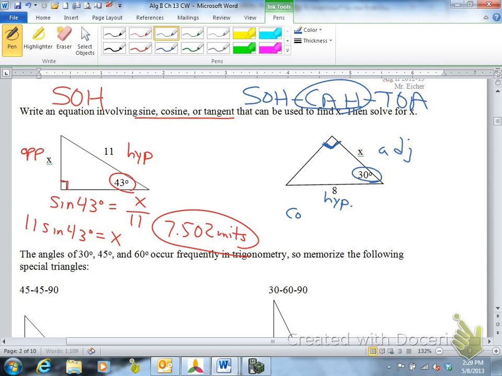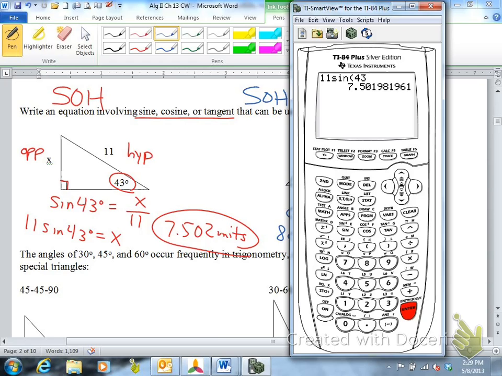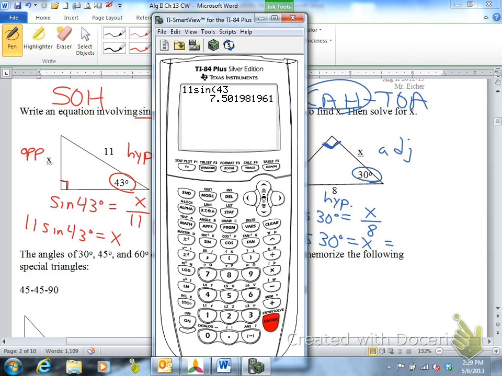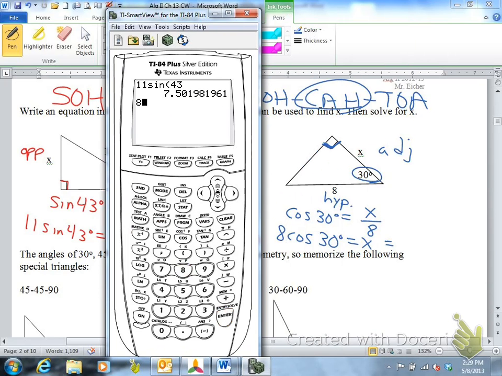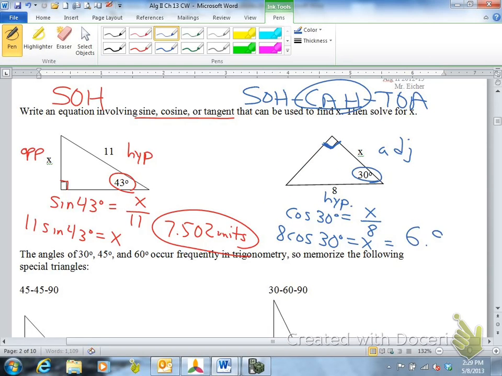So cosine of 30 degrees equals adjacent over hypotenuse, which would be x over 8. So x equals 8 cosine 30, which equals 6.928 units.